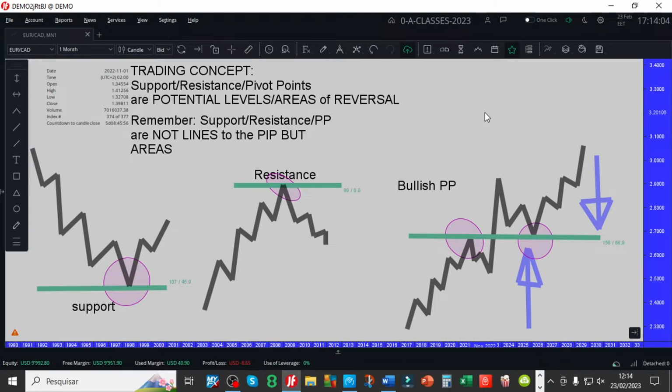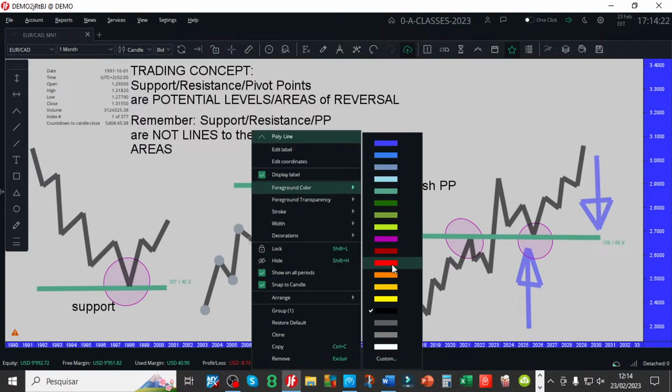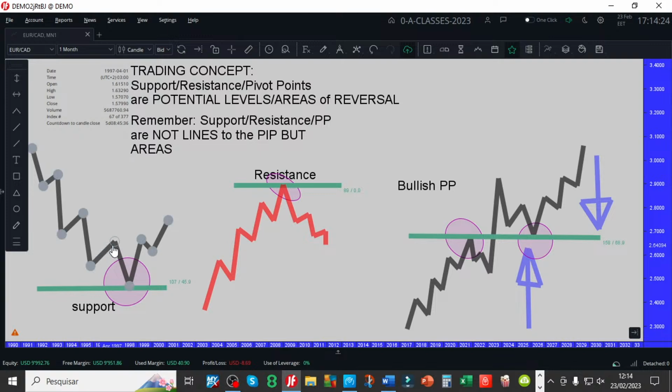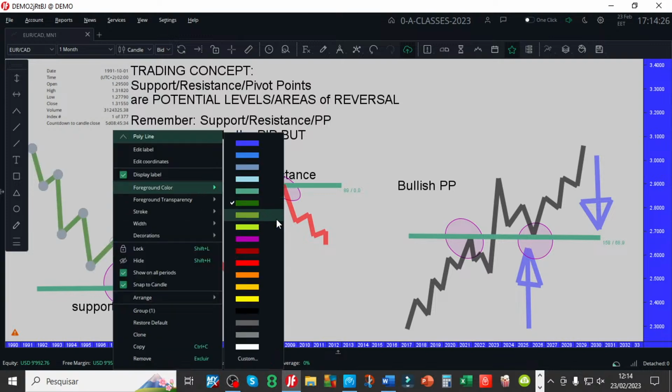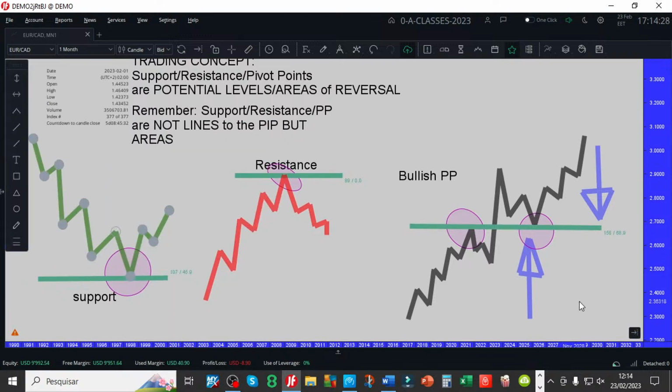Yes, support is a floor, resistance is a ceiling. The market is going to hit both of them. Can you see it, everybody? Pivot point, it's a mix. Pivot point, it's a combination of. See the bullish pivot point, everybody?